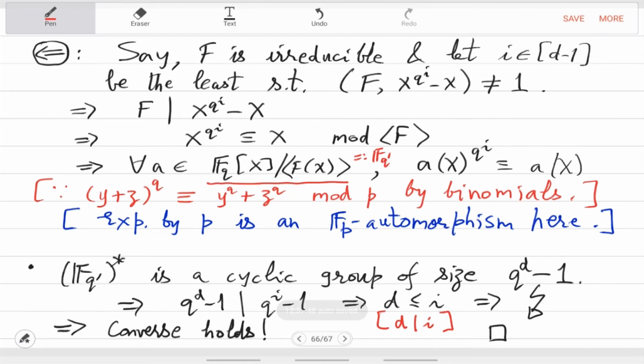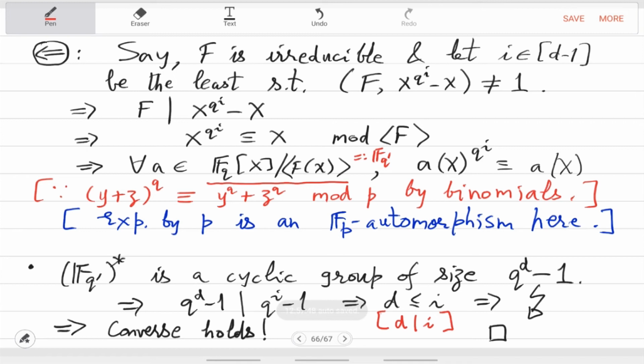As a sanity check, look at i equal to 1. x to the q minus x contains all the irreducible polynomials of degree 1, which is just roots. When you go to x to the q squared minus x, you get all the roots and all the quadratic irreducibles, and so on.